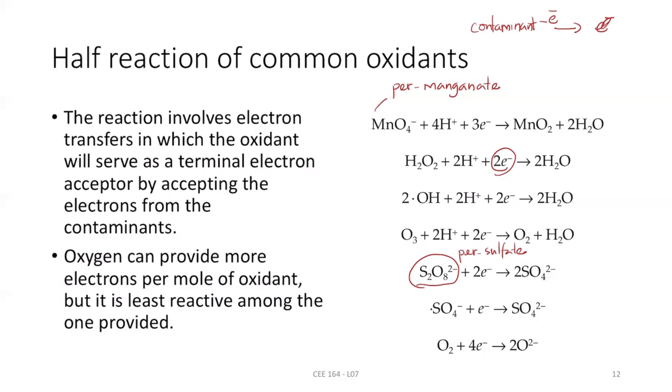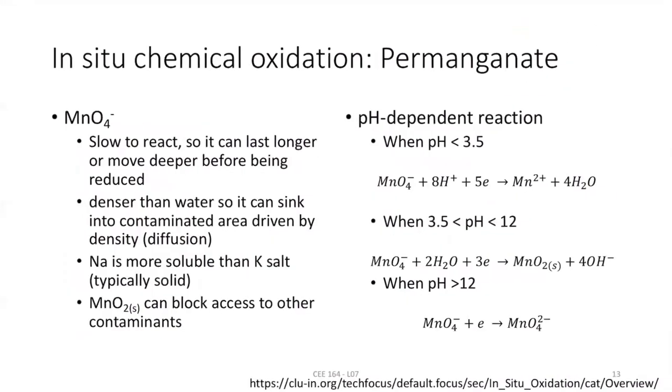So that's why you can compare. But again, efficiency is not only about how many electrons; it's also how quickly it can react. Hydroxyl radicals are more reactive, even though they take 1 electron. So this is just one way to look at it.